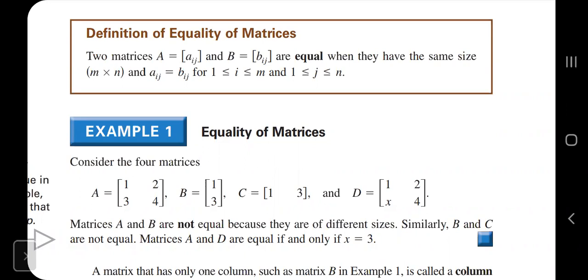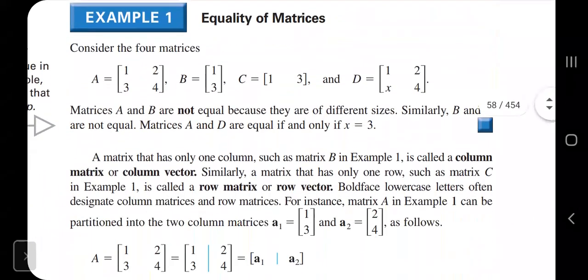The vertical one is a 2 by 1 matrix, and the horizontal one is a 1 by 2 matrix. Now, matrix A and matrix D could be equal if x is equal to 3. If x is equal to 3, then both matrices are 1, 2, 3, 4. They're both 2 by 2 matrices. Everything works out. It's all good.